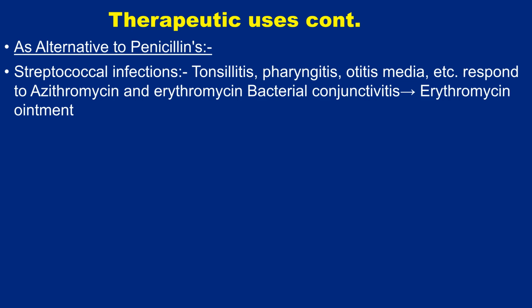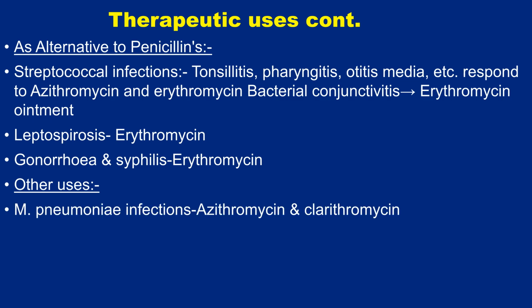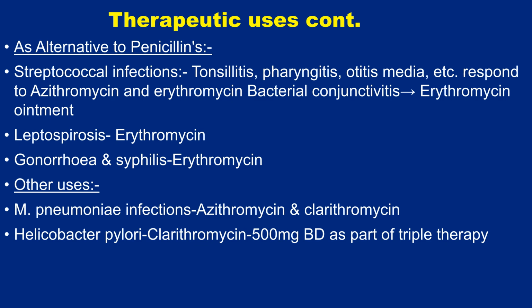For bacterial conjunctivitis, erythromycin ointment can be given. Leptospirosis is mainly treated by erythromycin. Gonorrhea and syphilis, which are sexually transmitted diseases, can also be treated by erythromycin. Other uses: mycoplasma pneumonia infections can be treated by erythromycin and clarithromycin.